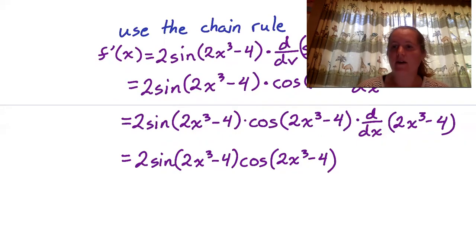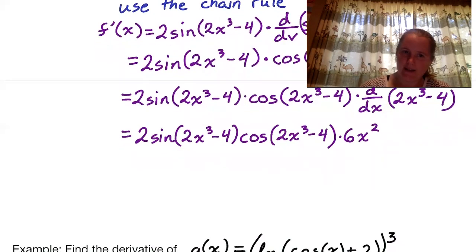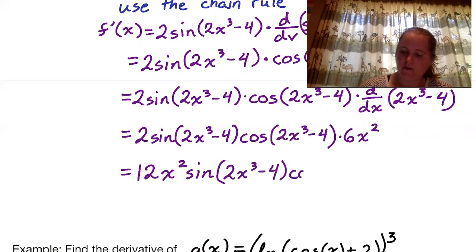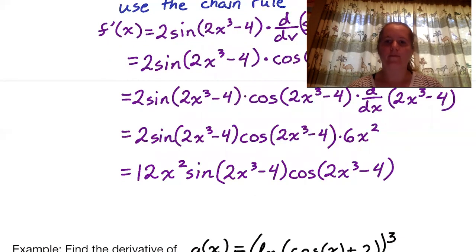We pull that 3 out front, that becomes 6. 2 times 3 is 6, and then x squared. And if we then just simplify this, this becomes 2 times 6 is 12, x squared, sine of 2x cubed minus 4, cosine of 2x cubed minus 4.